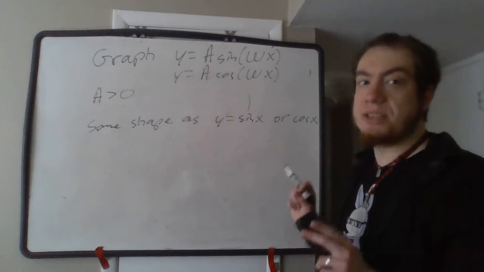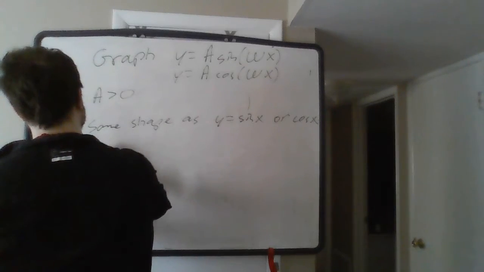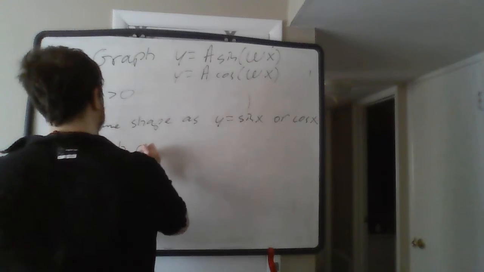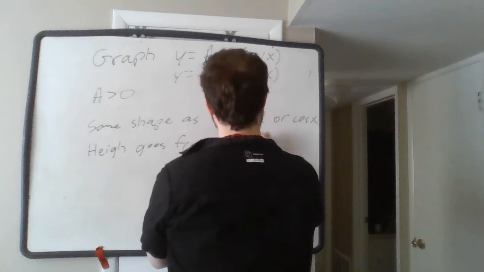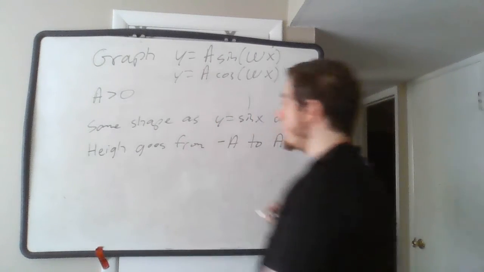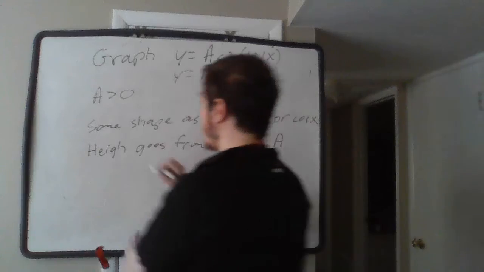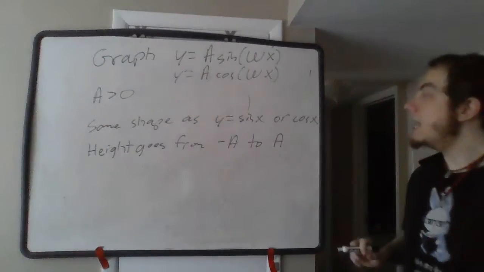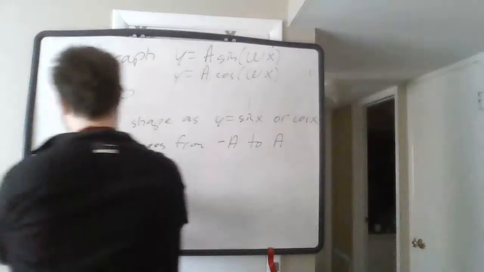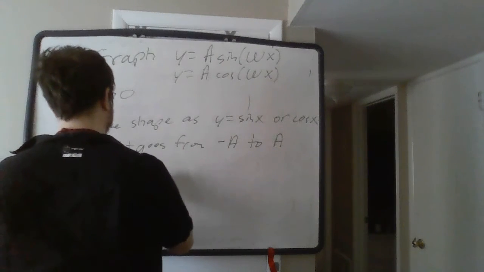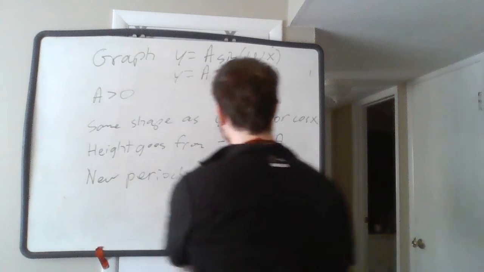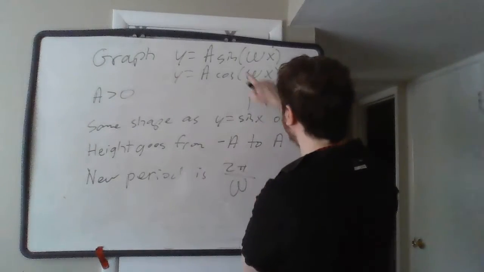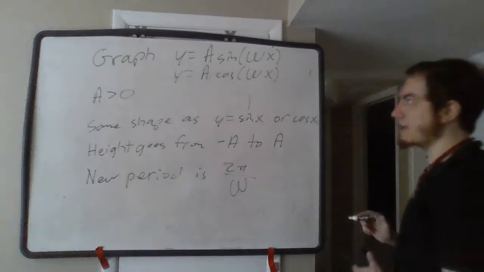Then the new things that you want to remember is that the new height goes from minus a to positive a, and, whoops, that's not how you spell height, I forgot my T, and the new period is the original period of 2 pi divided by this omega that's multiplying the constant.